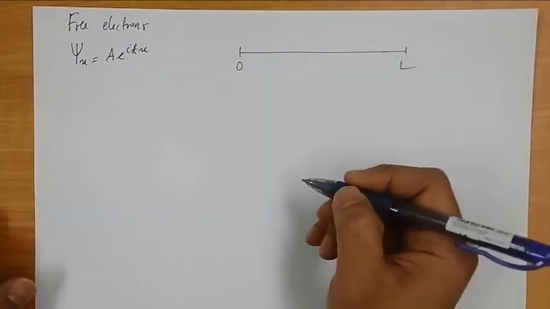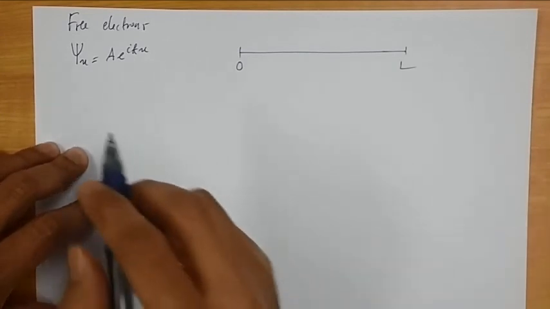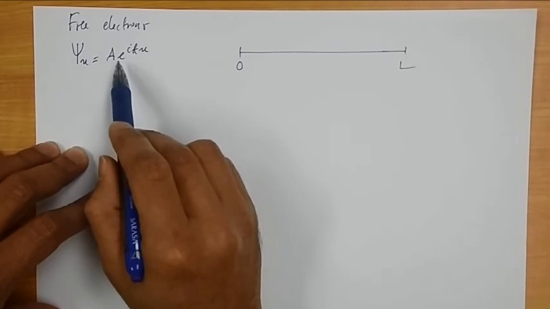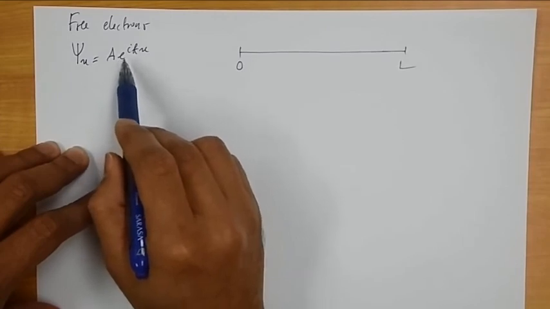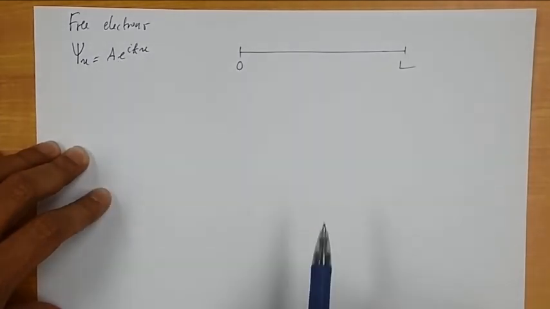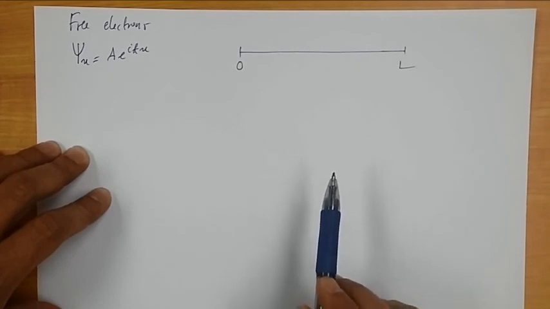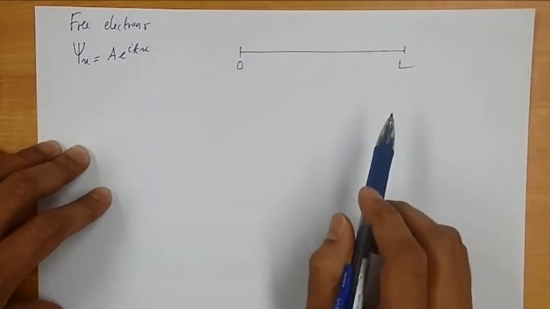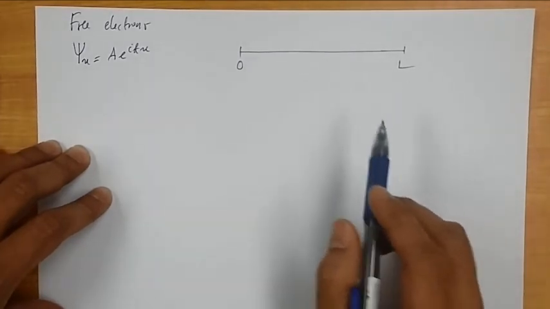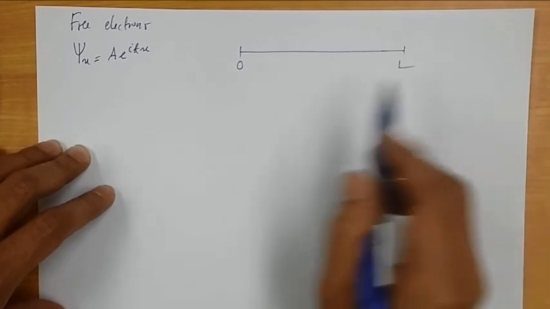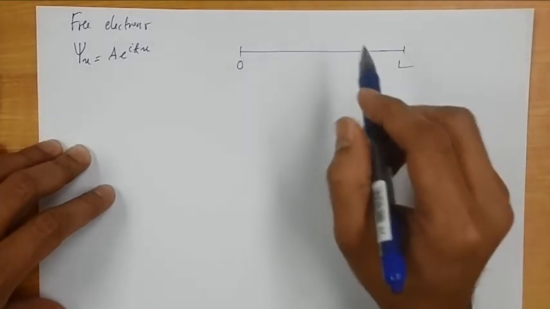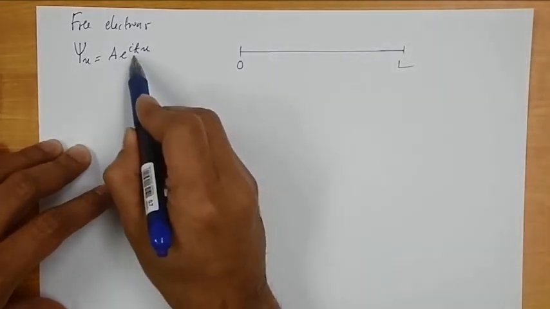Okay, so let's continue our discussion of free electrons with a wave function psi(x) = A e^(ikx). If you want to find the probability of finding a moving free electron between 0 and L, so it's not confined in any molecule, just a free electron in vacuum and space, with a particular k value.